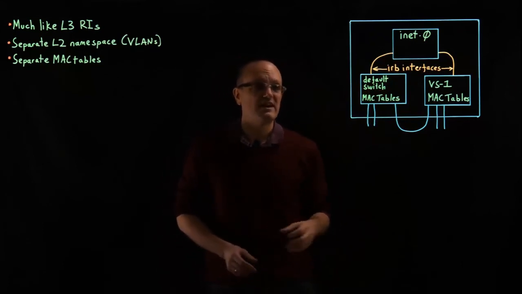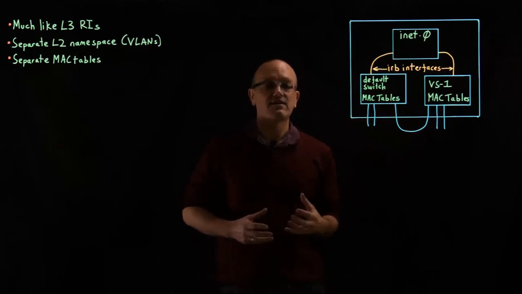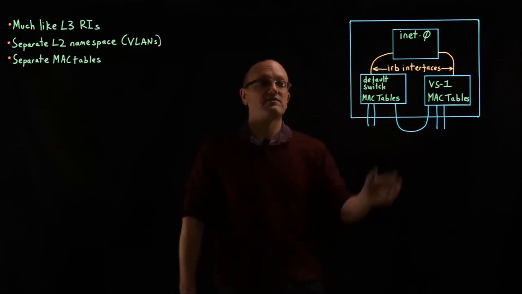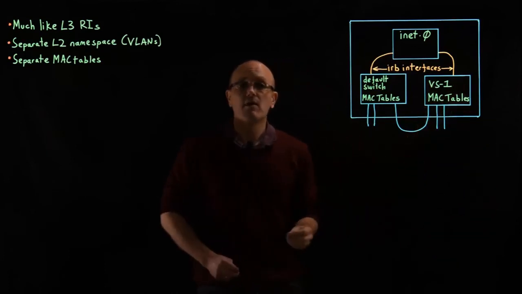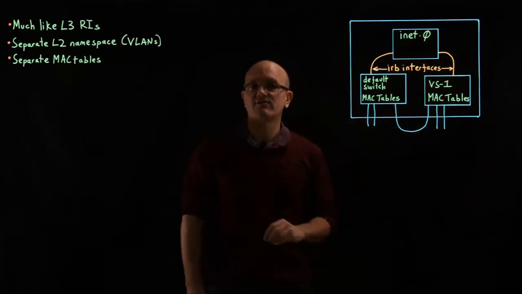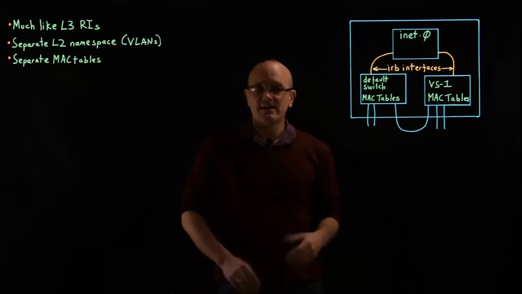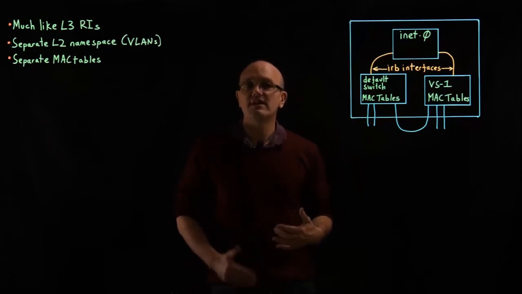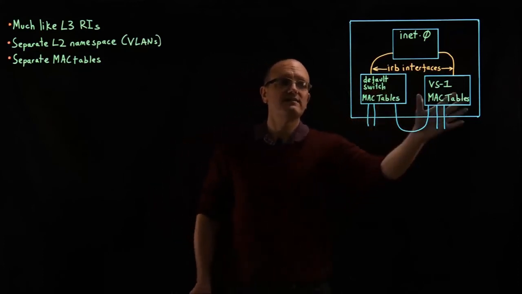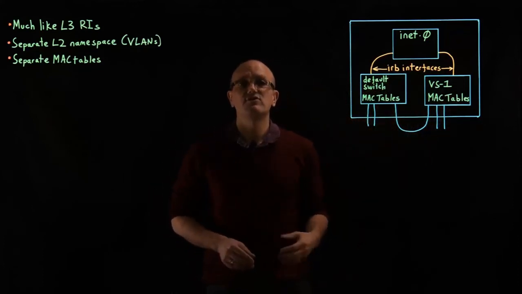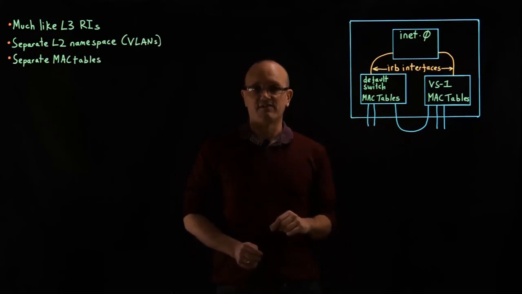If you wanted to interconnect either VLANs in the default switch or VLANs in virtual switches with the inet.0 routing table, i.e. you want to provide a layer 3 gateway for hosts that are connected to your layer 2 domains, then to do this you use IRB interfaces.